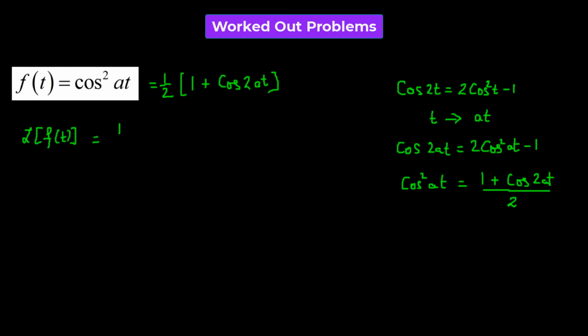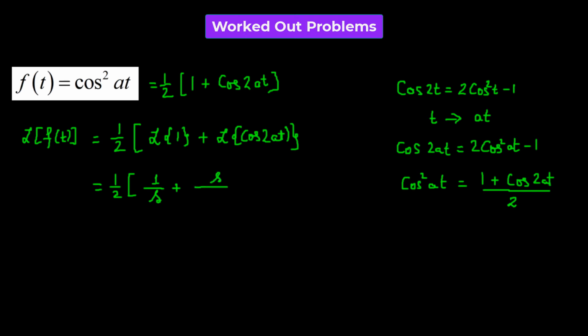So we have half multiplied by the Laplace transform of 1 plus the Laplace transform of cosine of 2at, which will be equal to half multiplied by the Laplace transform of 1, which is 1 over s, plus the Laplace transform of cosine 2at, which will be s divided by s squared plus (2a) whole squared.